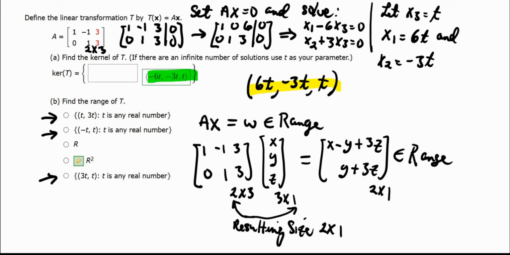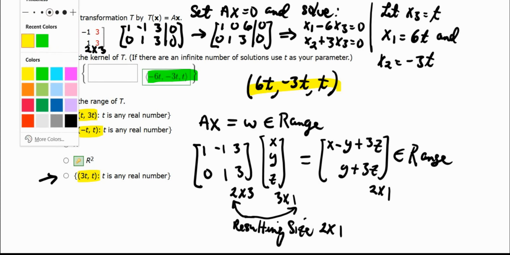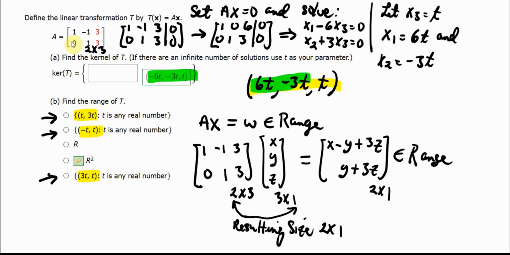So in other words, you have to rule out this term, and this term, because the reduction of this is not that, right? And you have to rule out R3, because this transformation is mapping into the range size here of a 2 by 1, which is equal to R2.